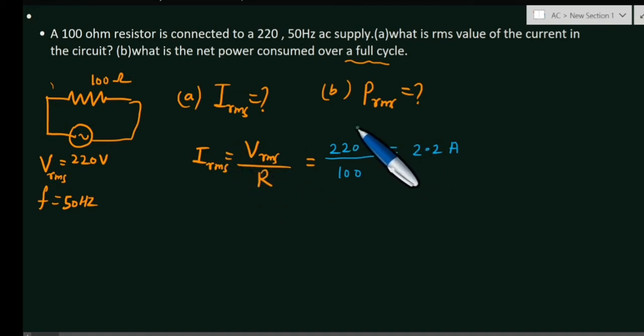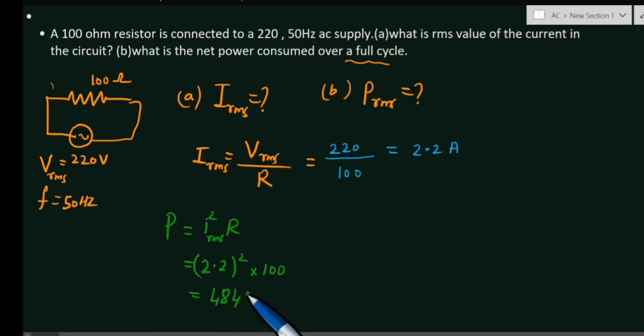And power PRMS is equal to IRMS square into R. This is the power formula we are going to use, and this is equal to 2.2 square into 100, because the R value is 100, and the value comes out to be 484 watt.